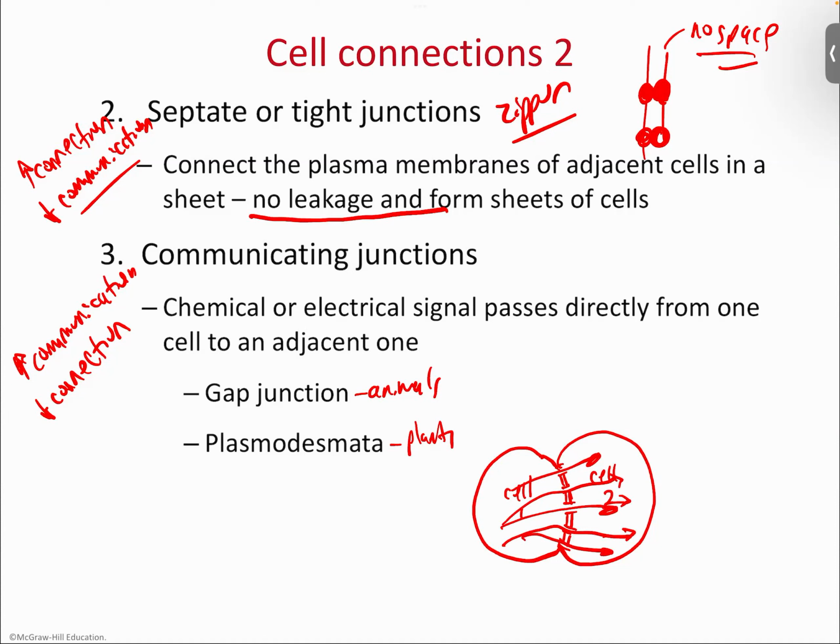Now, the reason why you would do this is to get coordinated response. So if you need a group of cells to act in unison or in coordination, you connect them with gap junctions to facilitate communication. The perfect example of this is your cardiac muscle cells, right? Because unlike skeletal muscle, which doesn't contract all at the same time, skeletal muscles actually rotate when they contract. And they can also contract partially.